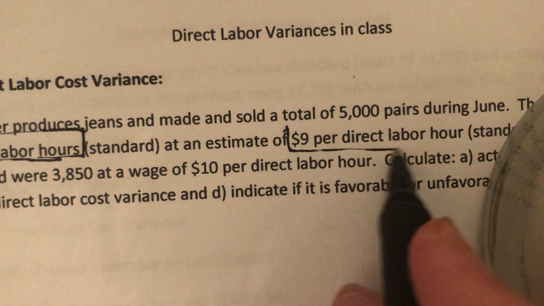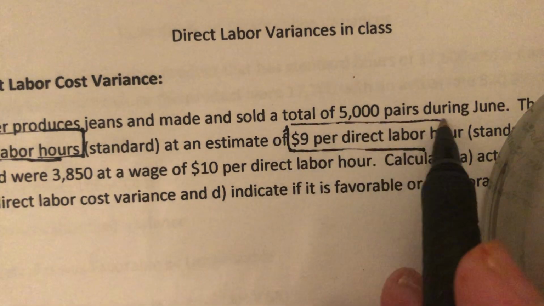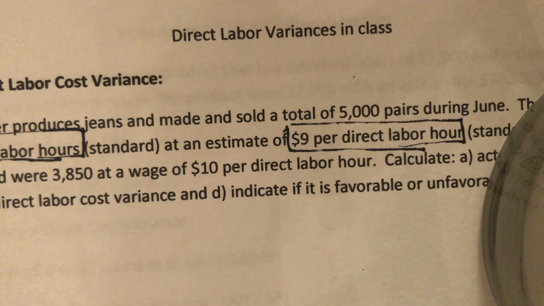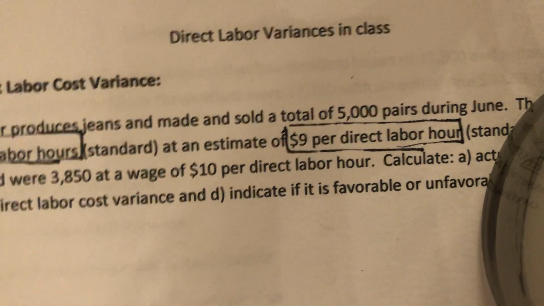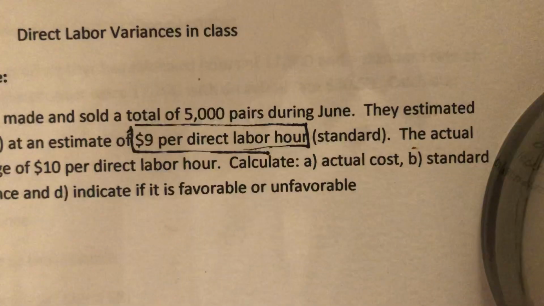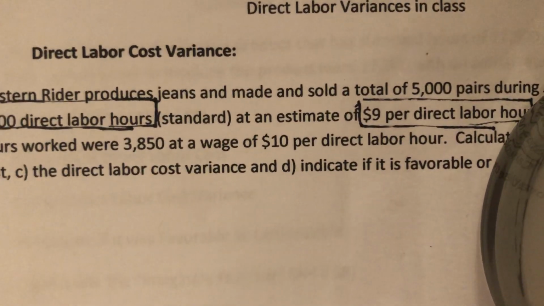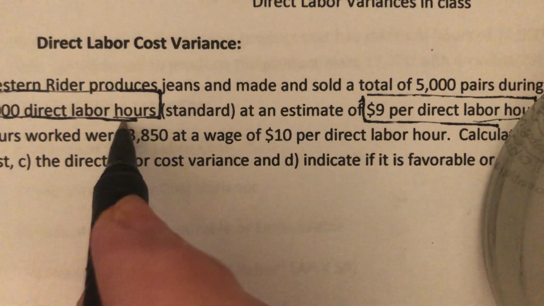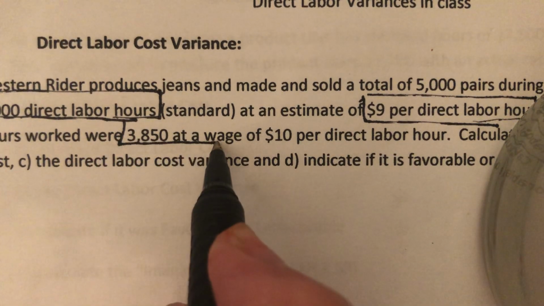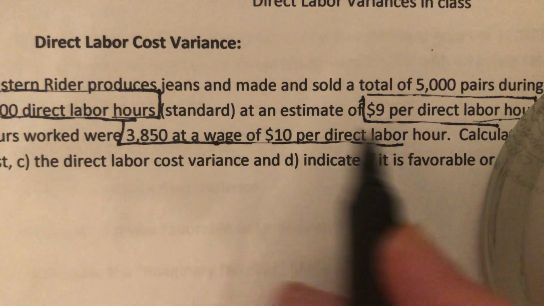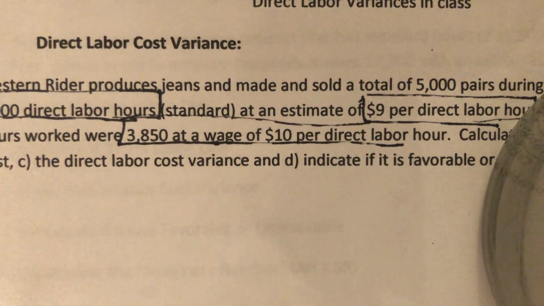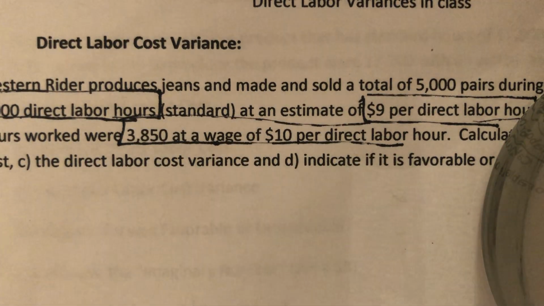That's what they were going to pay their workers. So those are your two standards, budgeted or estimated amounts. And then what we actually ended up working and spending, the workers worked 3,850 hours at $10 per hour. So it appears that they got a slight raise here.